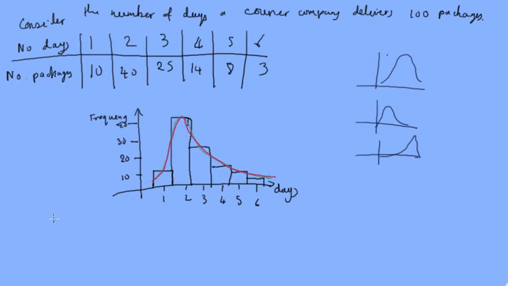So let's look at the three different types of average. Let's say the mode. The mode is 2 days. It's the most frequent, that's easy to see. The median is between the 50th and 51st value, because there's 100, so it'd be 101 divided by 2.